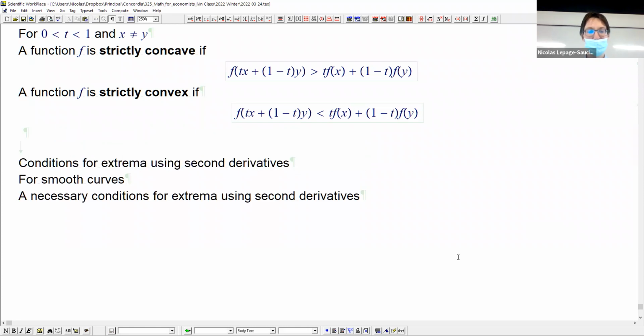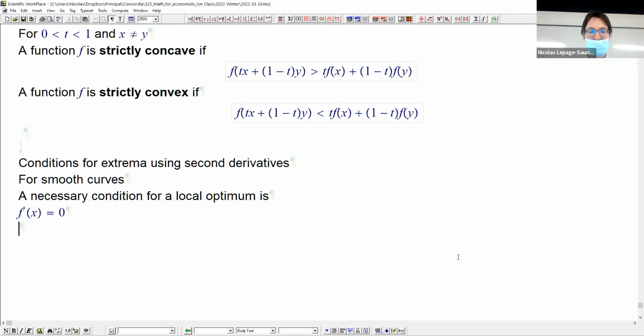So for smooth curves, a necessary condition for a local optimum is that the derivative is equal to 0, f prime of x equal to 0. So that's the same as before.